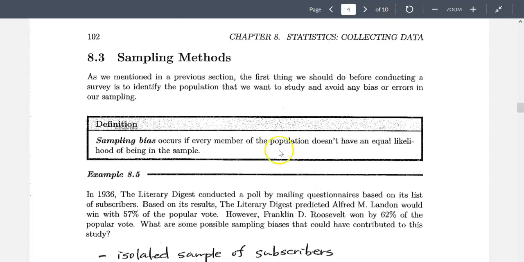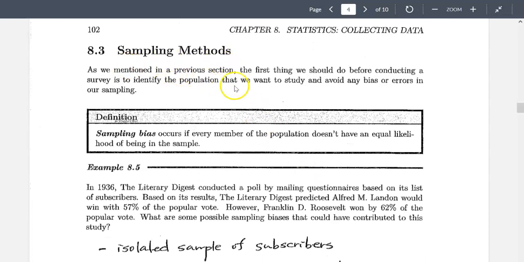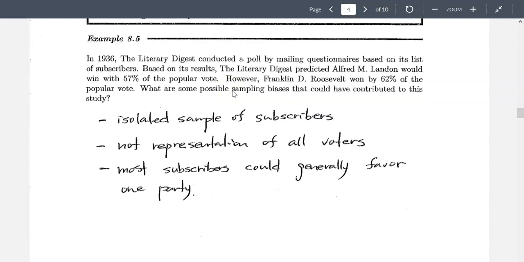So how do we get samples? There are many different sampling methods. Since we are trying to study the population, it's counterintuitive to ask every single person.